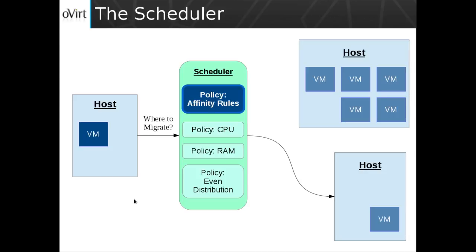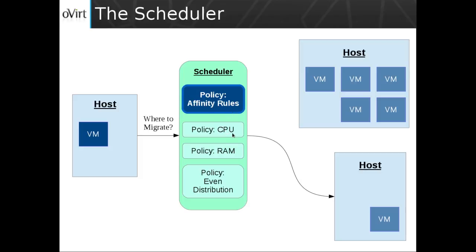Basically, you have the host on the left, and a VM that you want to migrate. So you ask the scheduler, where should I migrate the VM to? The scheduler uses the scheduling policy, which consists of all these policies here. You can see the Affinity Rules policy, which I'm going to explain later.